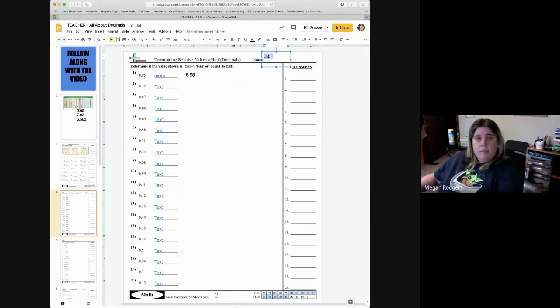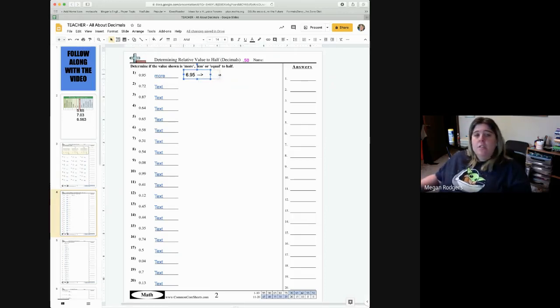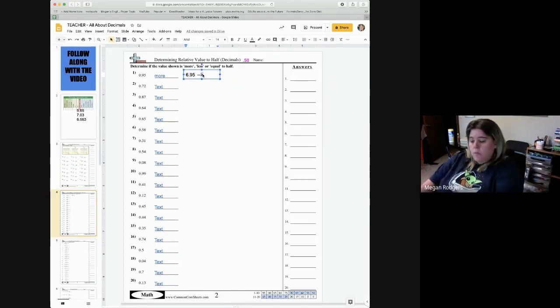We'll make this nice and big and bold and bright, so we know that's our magic benchmark we're looking for. If I wanted to round 6.95 to the nearest whole number, I have to know if 0.95 is greater than half. Since it is, I know that this would then round to 7.